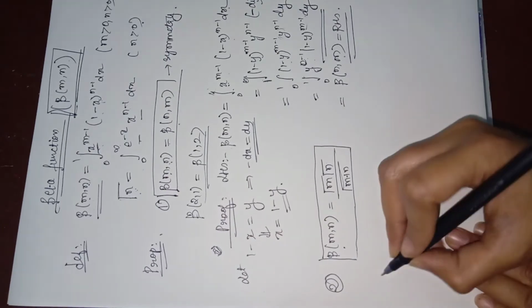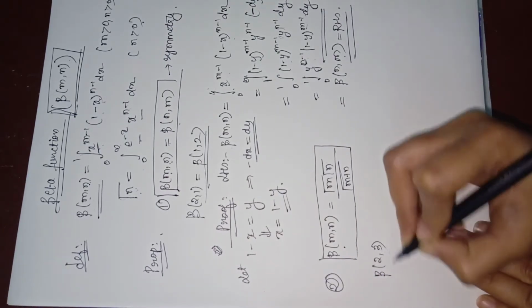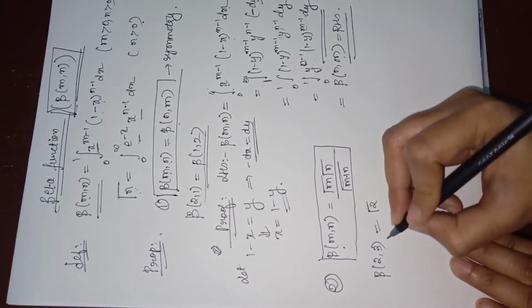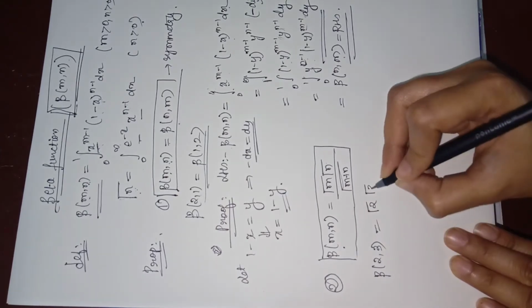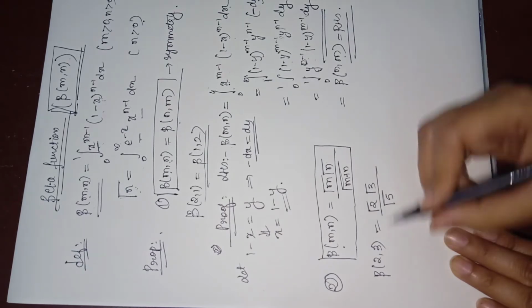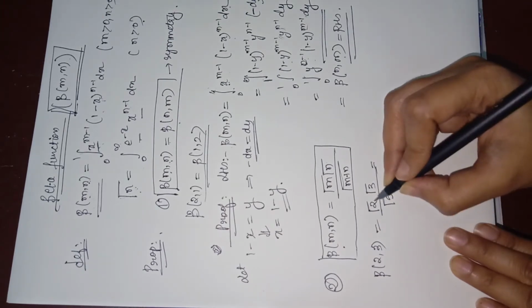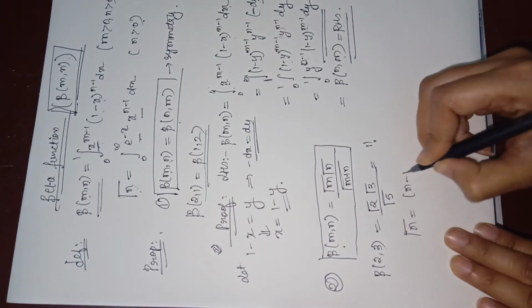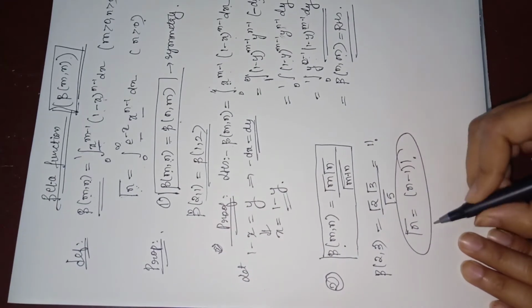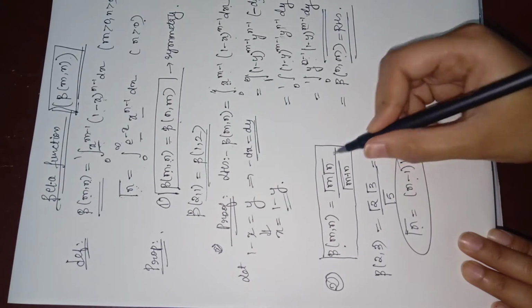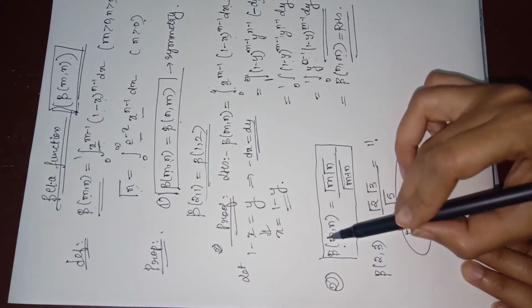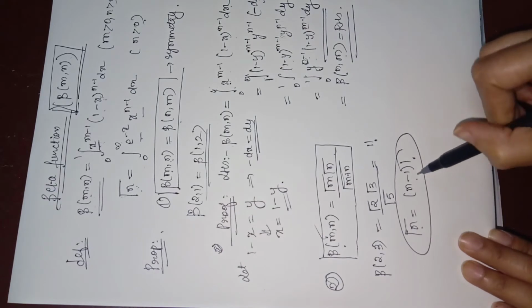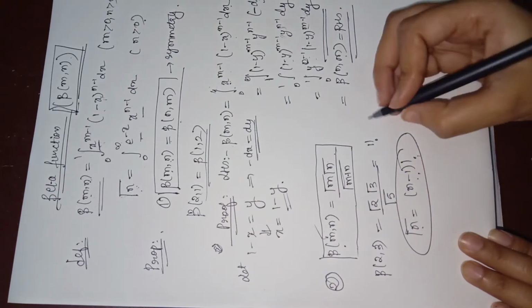For example, let me tell you beta 2 3, suppose this is the thing that comes out finally. We can always find the value of this, because here it's gamma 2 gamma 3 by gamma 5, 2 plus 3. Now gamma 2 is 1 factorial, because gamma n is n minus 1 factorial. This is the relationship between gamma and factorial, and this is the relationship between beta and gamma. So we know the relation between beta and factorial as well. So these three are interlinked to each other.